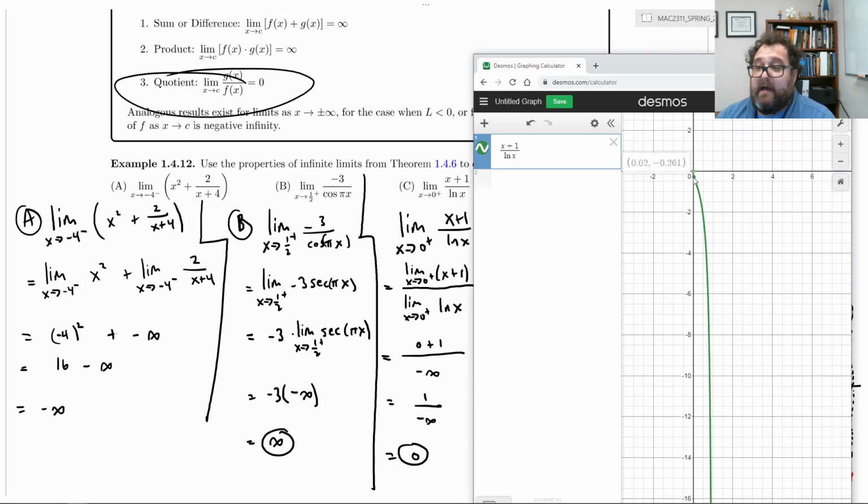Desmos is lying here because 0 is not in the domain of that function, so there should be a hole at (0, 0), because we all know that 0 is not in the domain of a logarithm, at least a natural log. So that's what the graph looks like, and clearly from the right, that function is approaching the origin. The y values are trending towards 0.